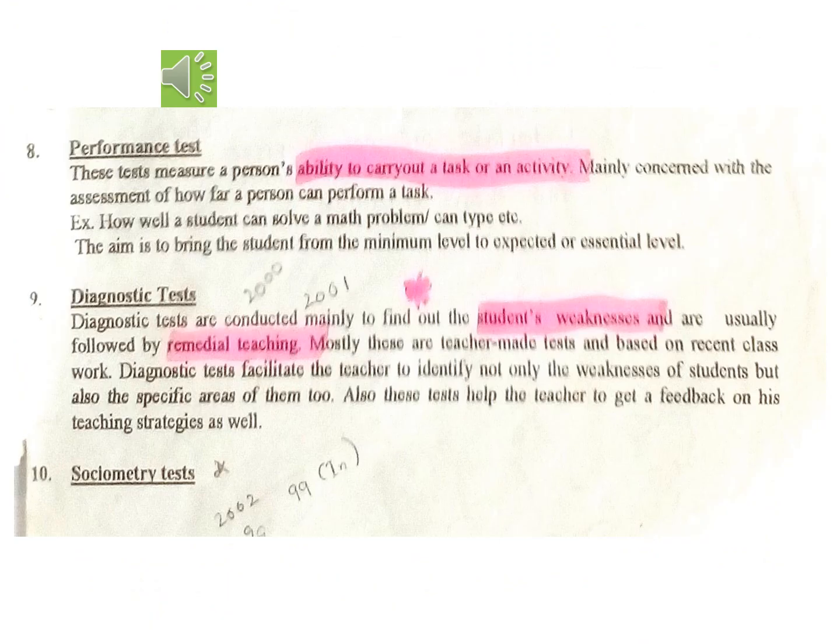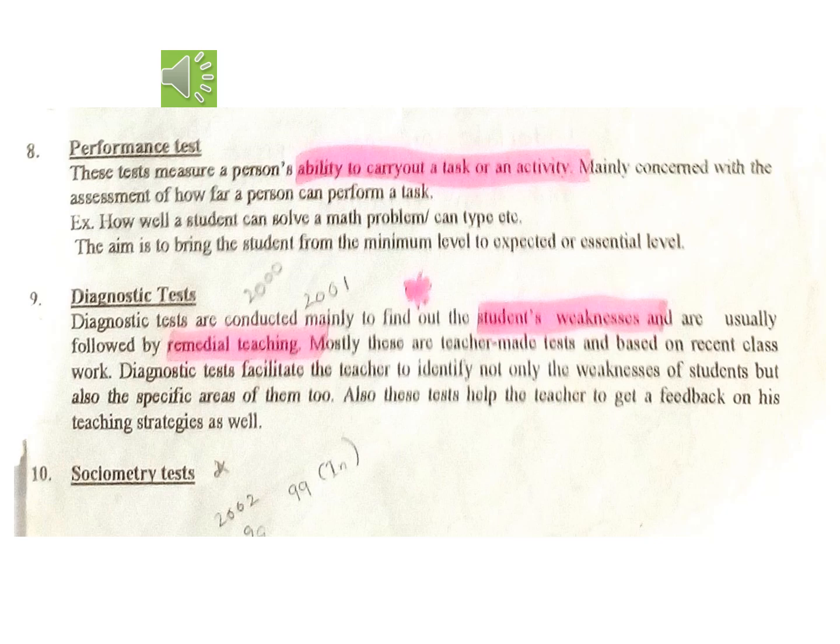Next, performance test. As I told you earlier, these tests deal with skills, achievement tests, knowledge. These tests measure a person's ability to carry out a task or an activity, mainly concerned with the assessment of how far a person can perform a task. Right?